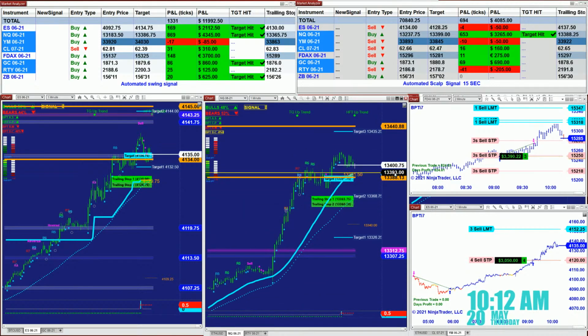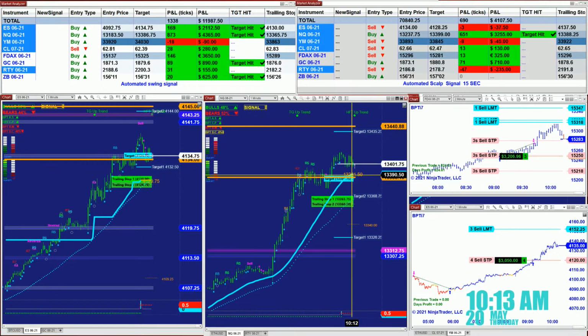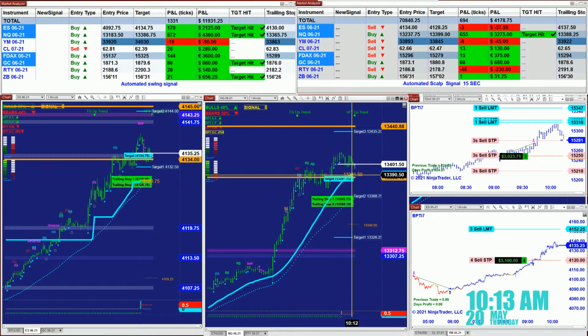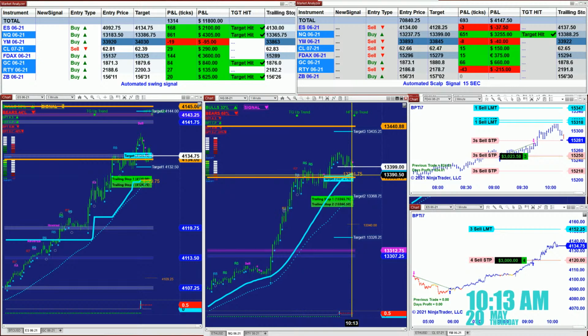Even if you are auto trading and you see those re-entry points, if you want to re-enter the market, you're very welcome to. If you want to do that, you better do it on sim. You're not paying us to do anything for you, and we're not your financial advisor. So 13390.50 is the re-entry point for the NASDAQ.